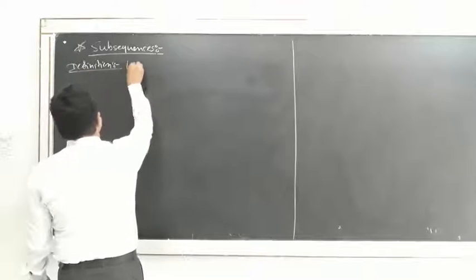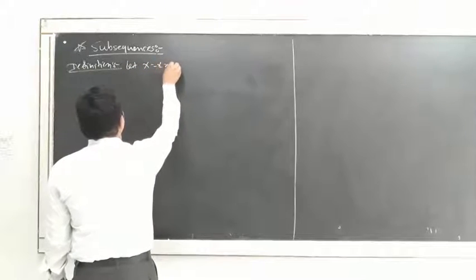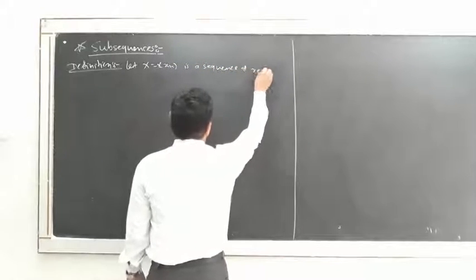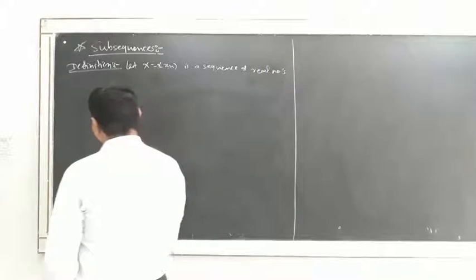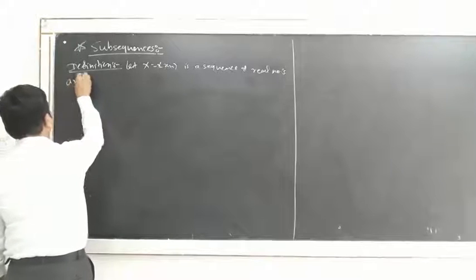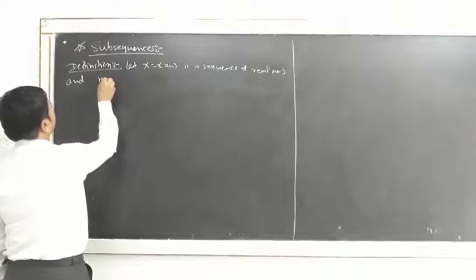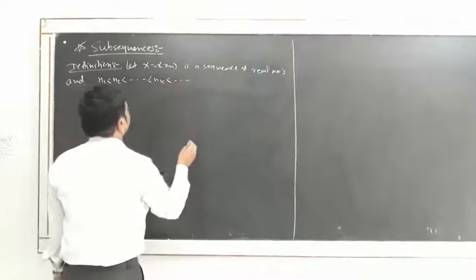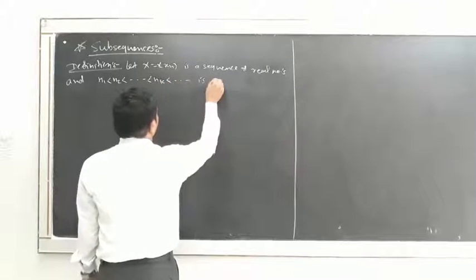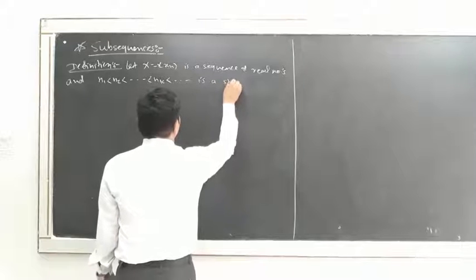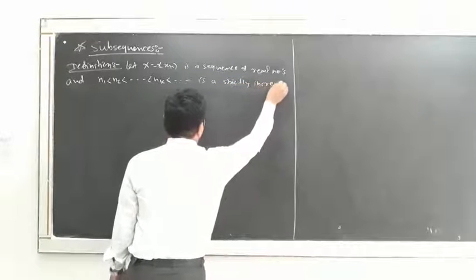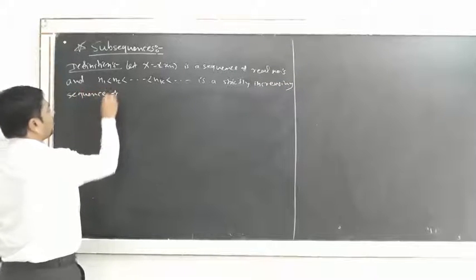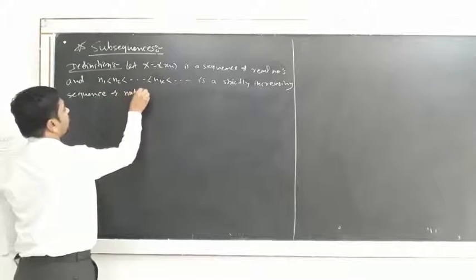Definition: first we write X equals (xn) is a sequence of real numbers, and n1 is less than n2 is less than and so on, nk is less than and so on, is a strictly increasing sequence of natural numbers.